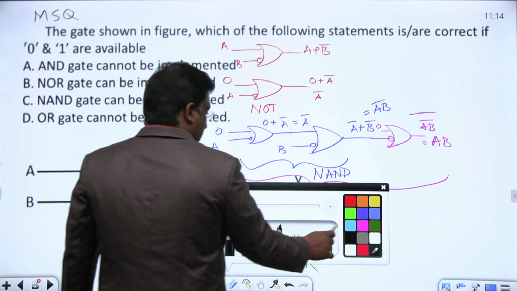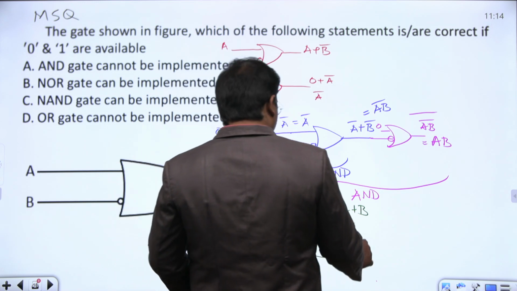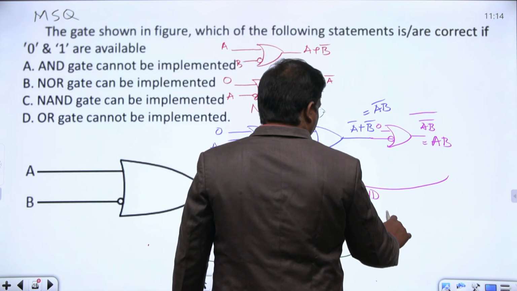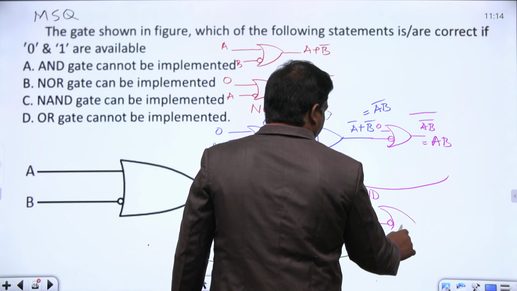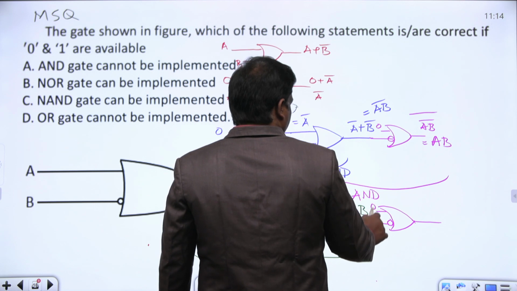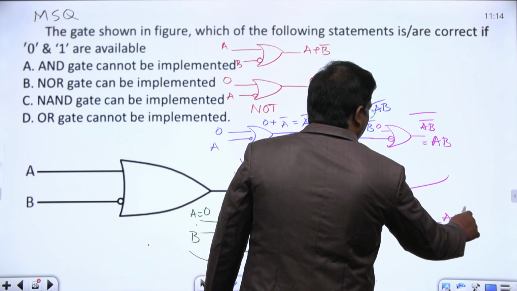OR gate. And right now for this one again, if I give an inverter something like this, if I connect to another gate like this, 0, this is 0, this a plus b, I am getting a plus b whole bar.